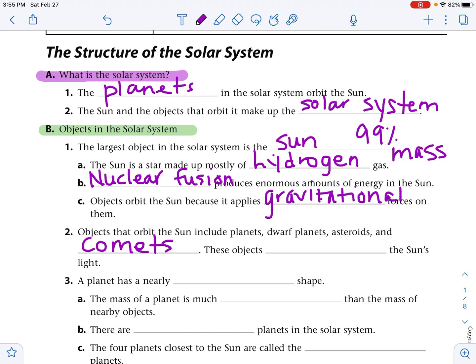These objects reflect the sun's light. You know, the only object that makes its own light is going to be the sun. Everything else reflects that light.